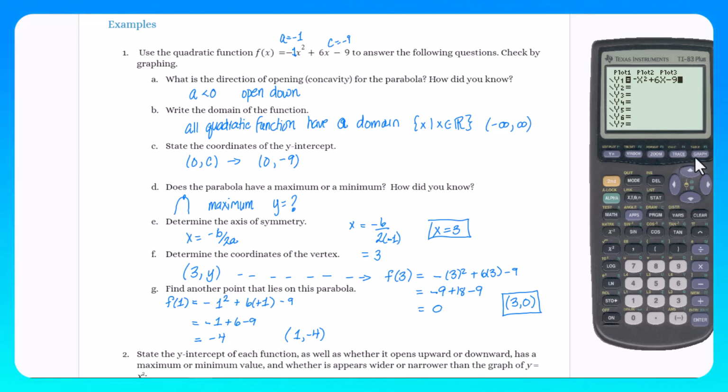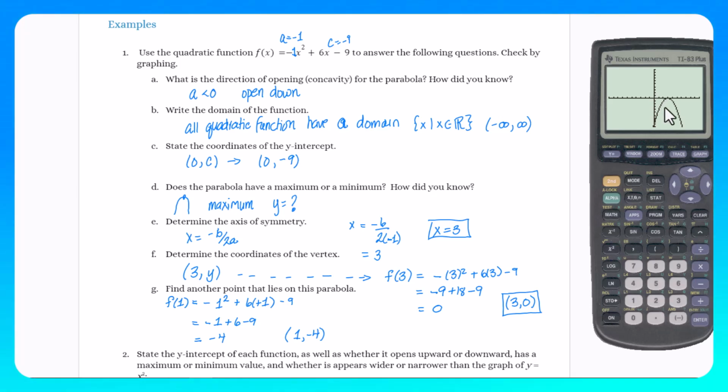Okay, let's graph it. There it is right there. Because it goes to the left and to the right, it's starting to get wider and wider to the left and wider to the right. We know that the domain is the real numbers. We can clearly see it opens downwards.